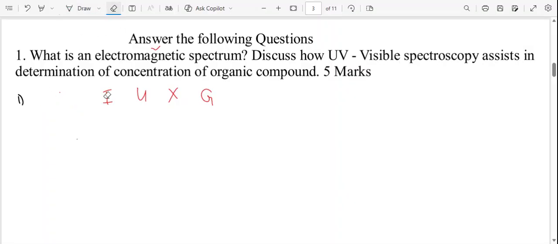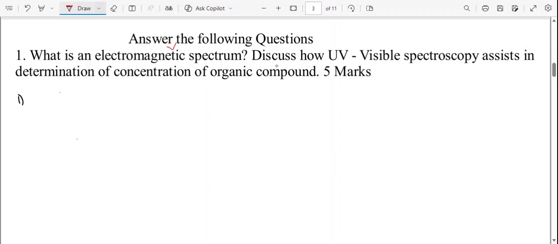I'm sure you remember this. It consists of those electromagnetic radiations that are arranged according to the increase in frequency or wavelength. That's how they are arranged.